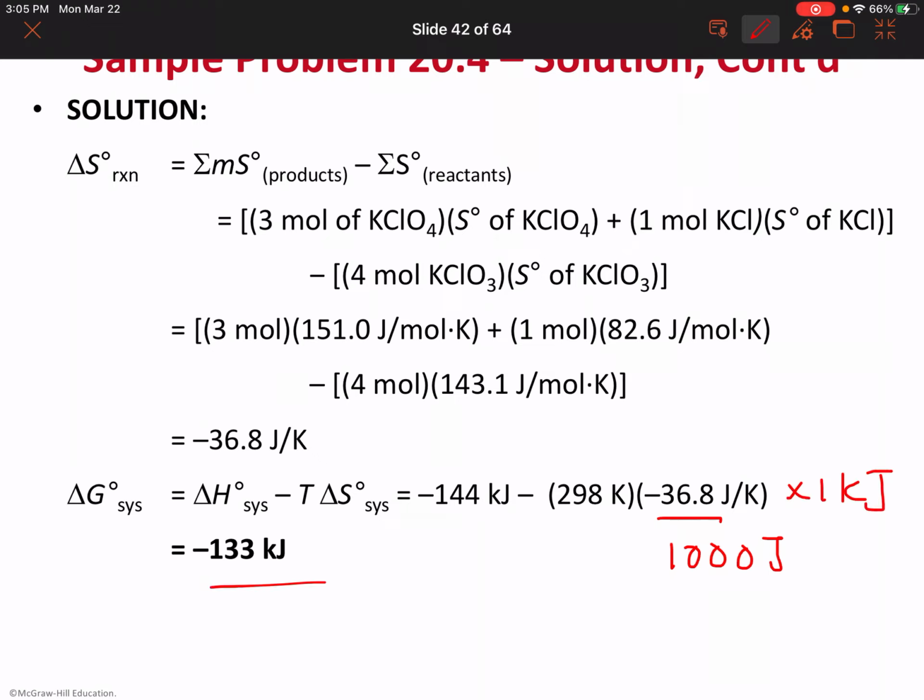That will give you this answer after converting into kilojoules. So that's the delta G naught of the system.